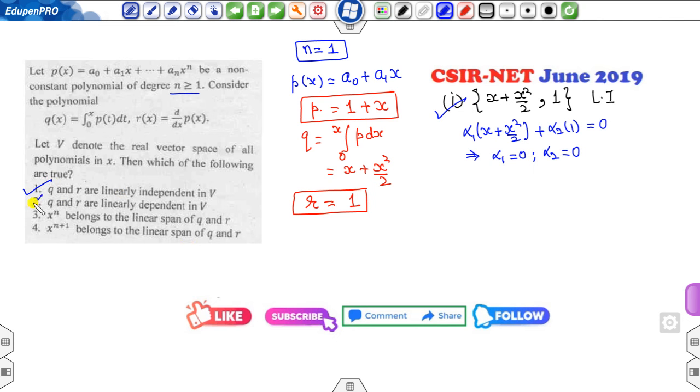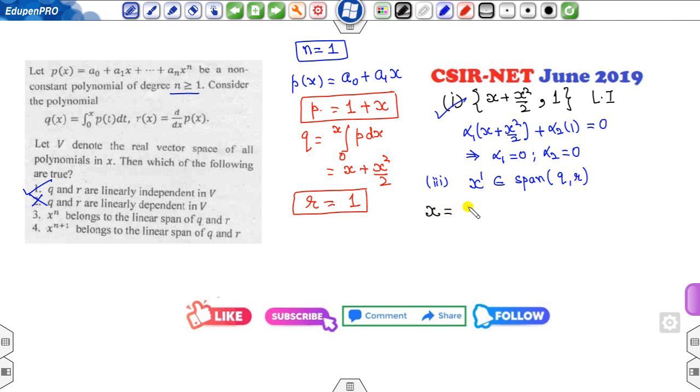Q and R are LI. Now test x raised to the power n is 1. So x to the power 1 belongs to the span of Q and R? How can you check that?